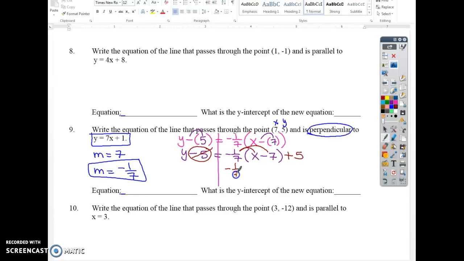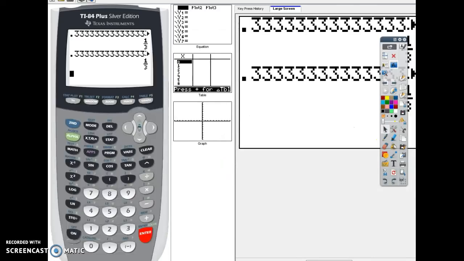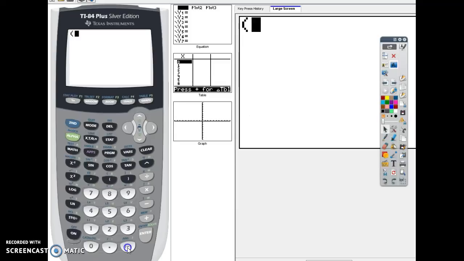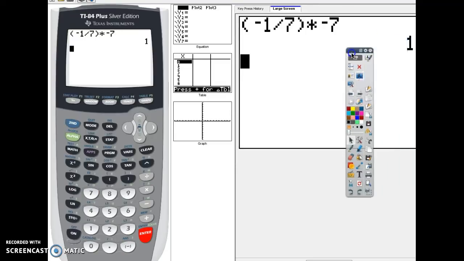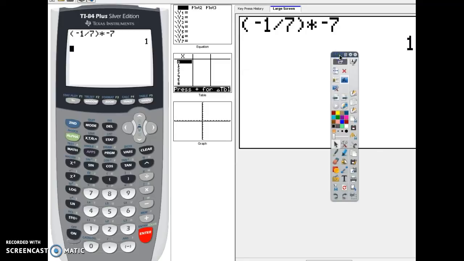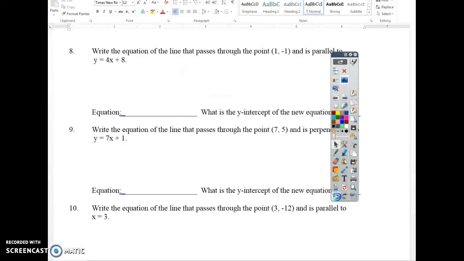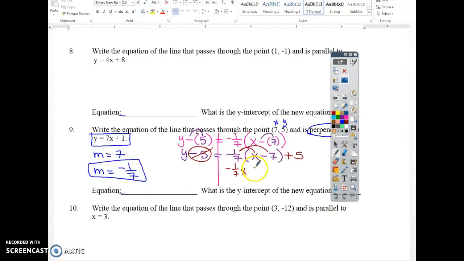Negative 1/7 X. This one is the one that you have to do in the calculator, and you have to make sure that you put it in parentheses. So this is how I would do it. Parentheses, negative 1/7 times negative 7. Enter. And that gives you a positive 1. So it came out a good number. So let's put plus 1. And don't forget the plus 5.